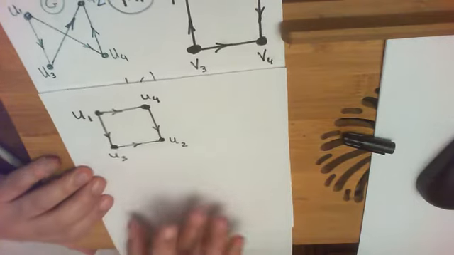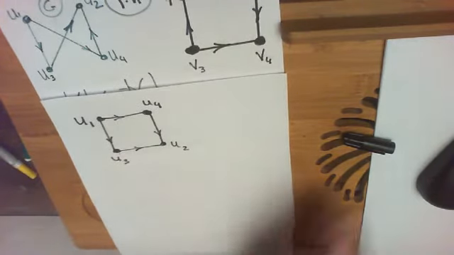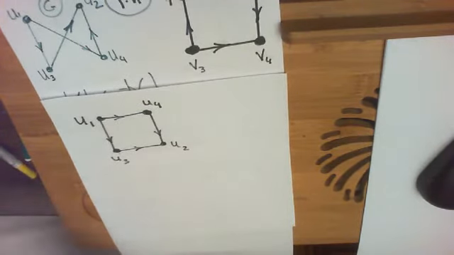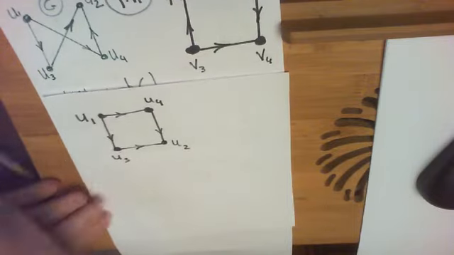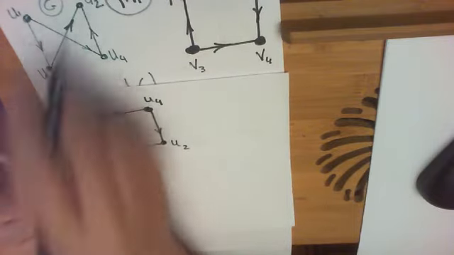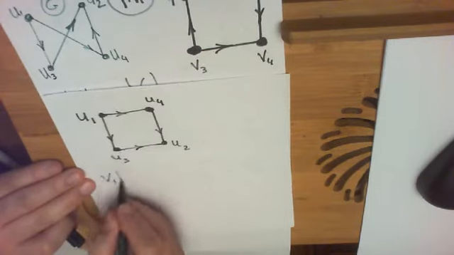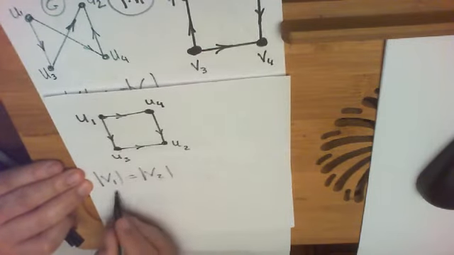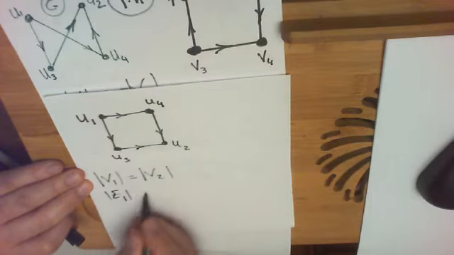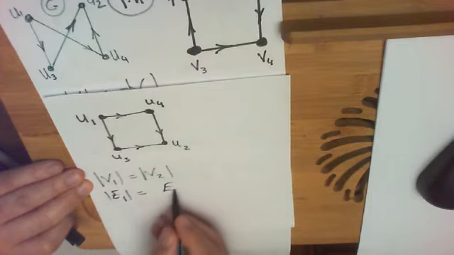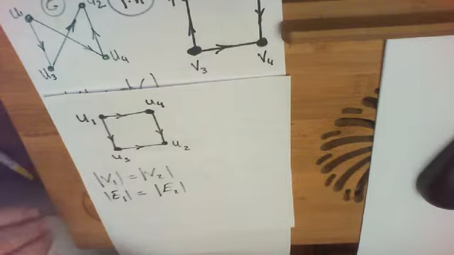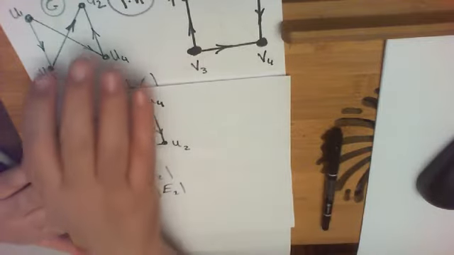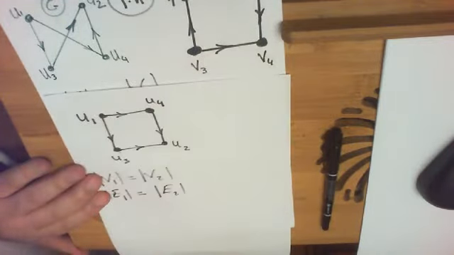If you still don't understand, no problem. Let us check. We have 4 vertices and 4 edges. But what about the degrees? This is a digraph, so in degree, out degree.